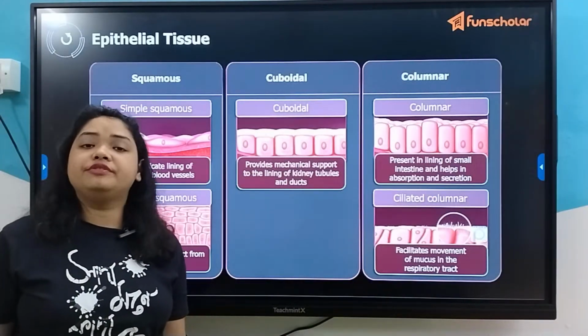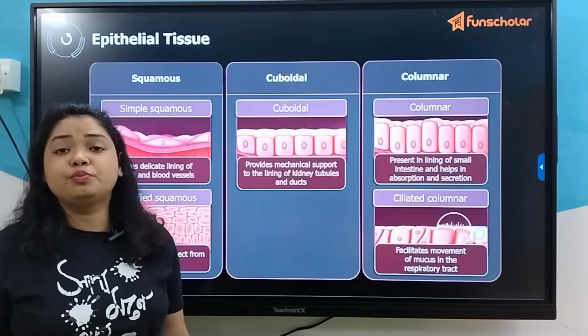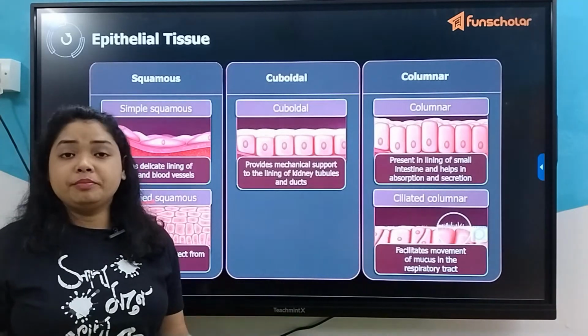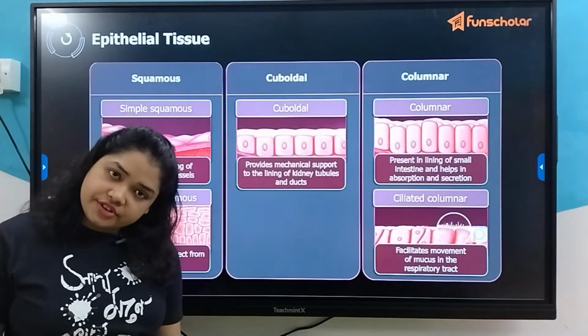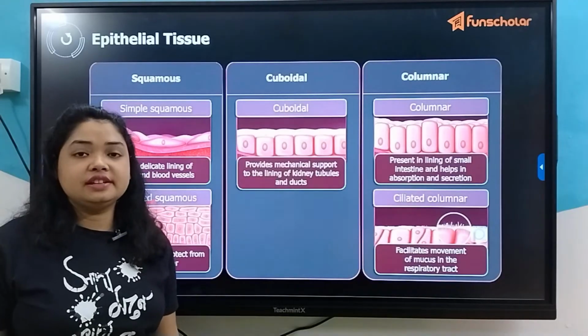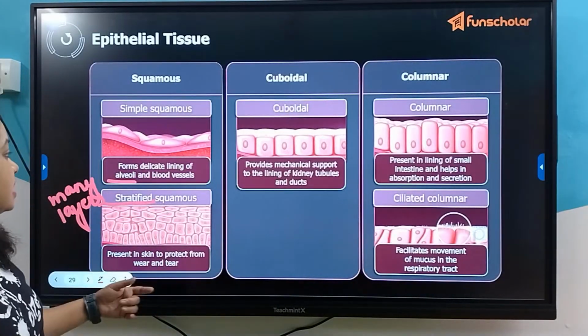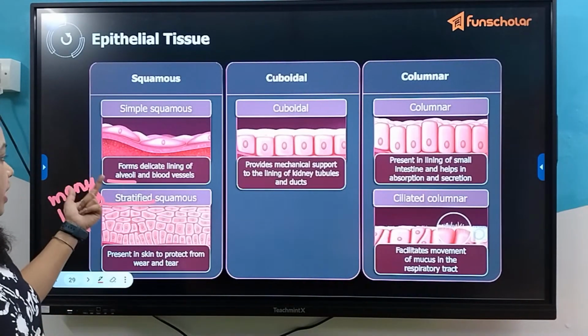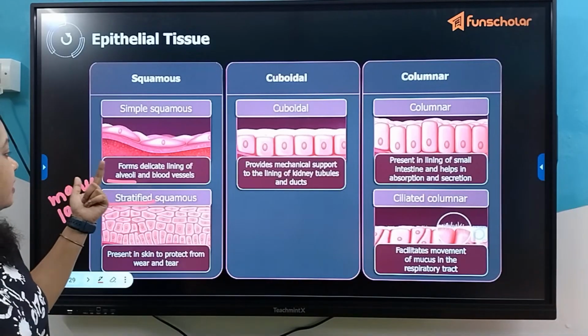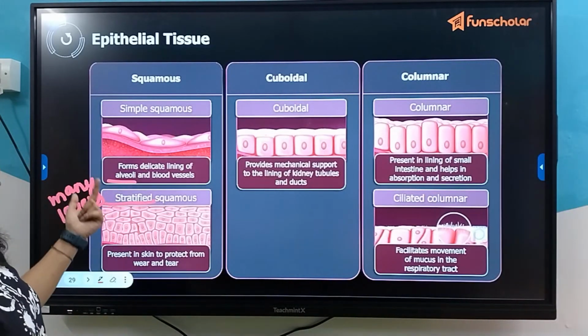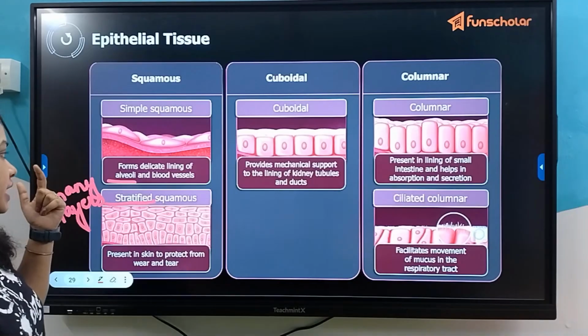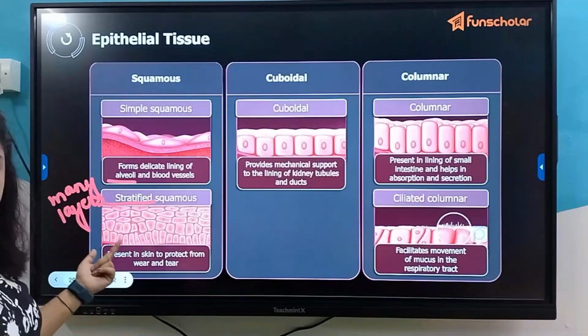It will be very difficult for those materials to pass across this membrane, which is layered or stratified. So there is a reason for which the internal delicate organs such as the alveoli and the blood vessels are made up of simple squamous epithelium and not stratified squamous epithelium.